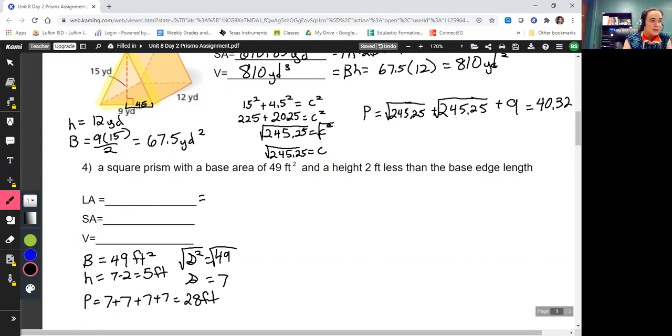Next up, the lateral surface area formula is perimeter times height. So perimeter is 28 times our height, which is 5. It's 140 feet squared.